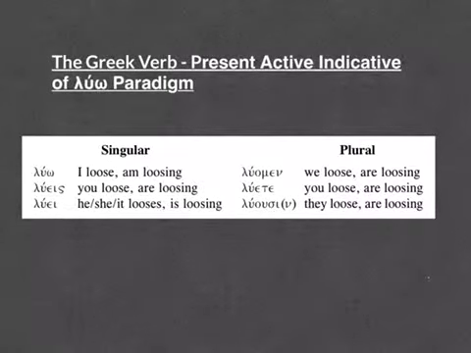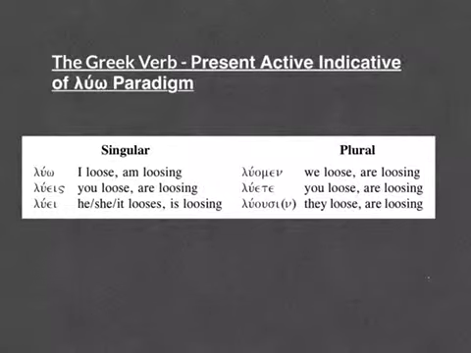So if you turn to page 15, we're going to look at the paradigm of luo. Luo. You want to say it with me? Luo. Let's do the next one. Lues. Next one after that is lue.